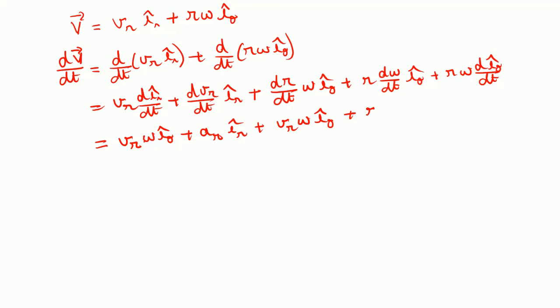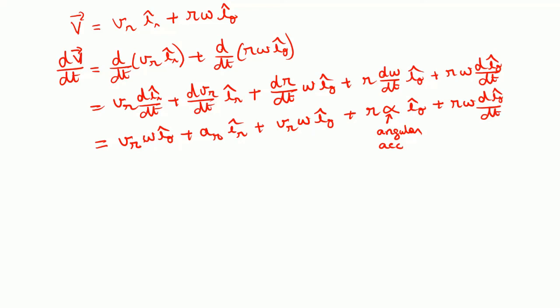Okay. Next, here we get R into d omega by dt. I will write it as alpha, which is angular acceleration, into E theta. Angular acceleration acts in the E theta direction. Plus I have R omega dE theta by dt.